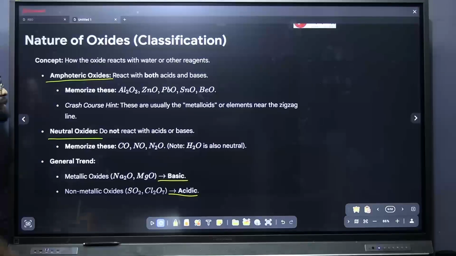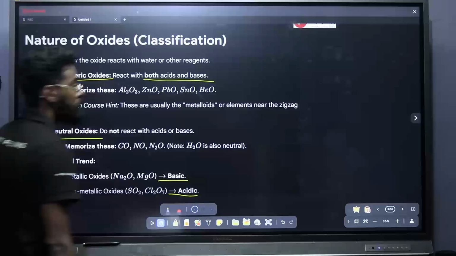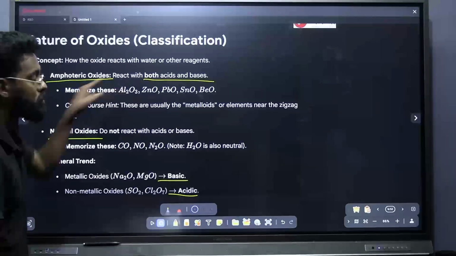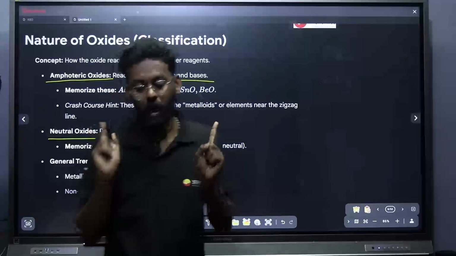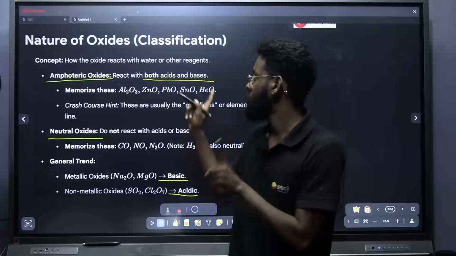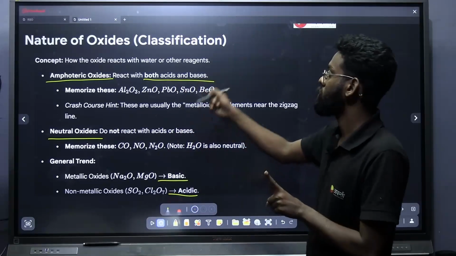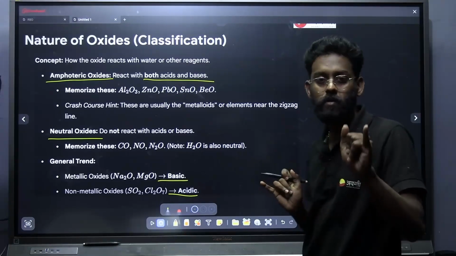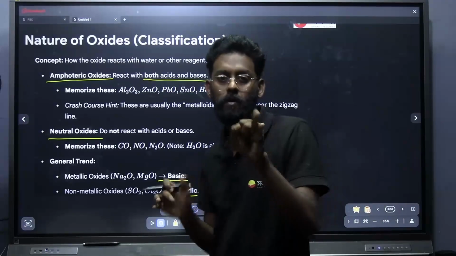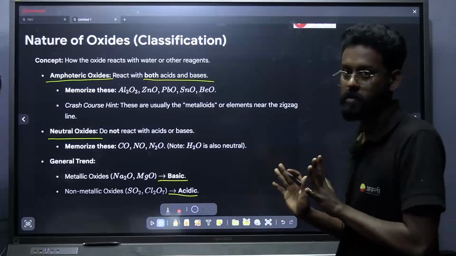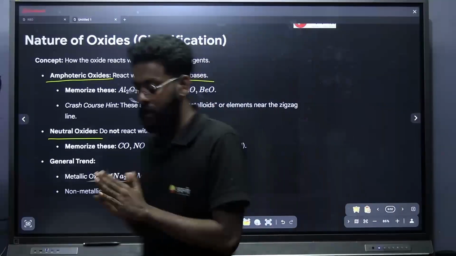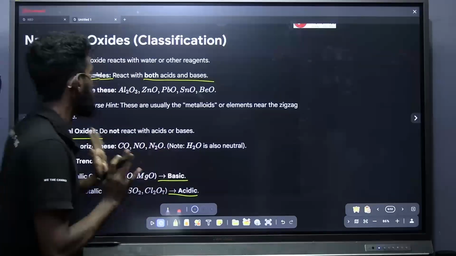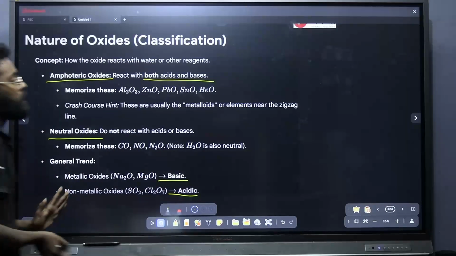What is an amphoteric oxide? It will react with both acids and bases. You should remember amphoteric oxides. This is the one which is going to predict the correct answer, because acidic oxides and basic oxides you can identify using a concept. I can give you a simple trick to remember the amphoteric oxides.